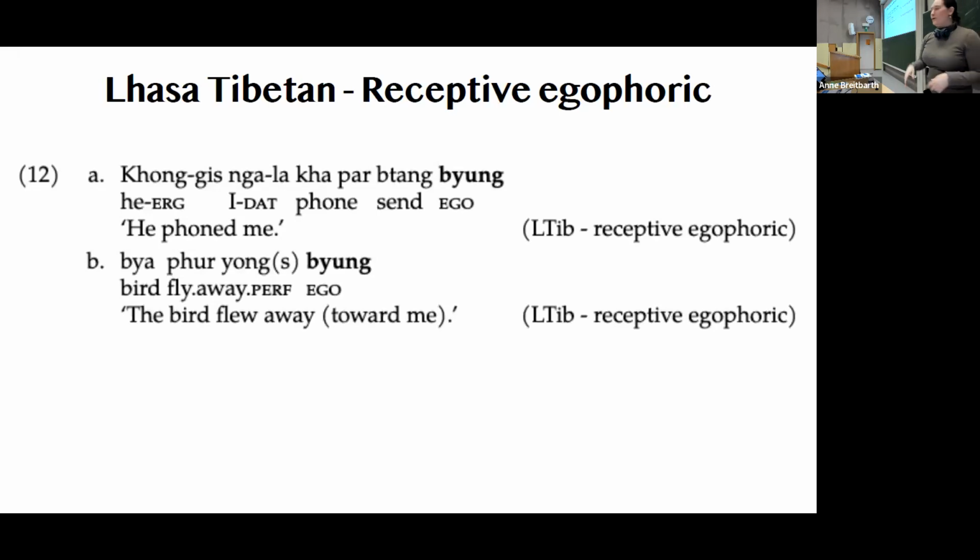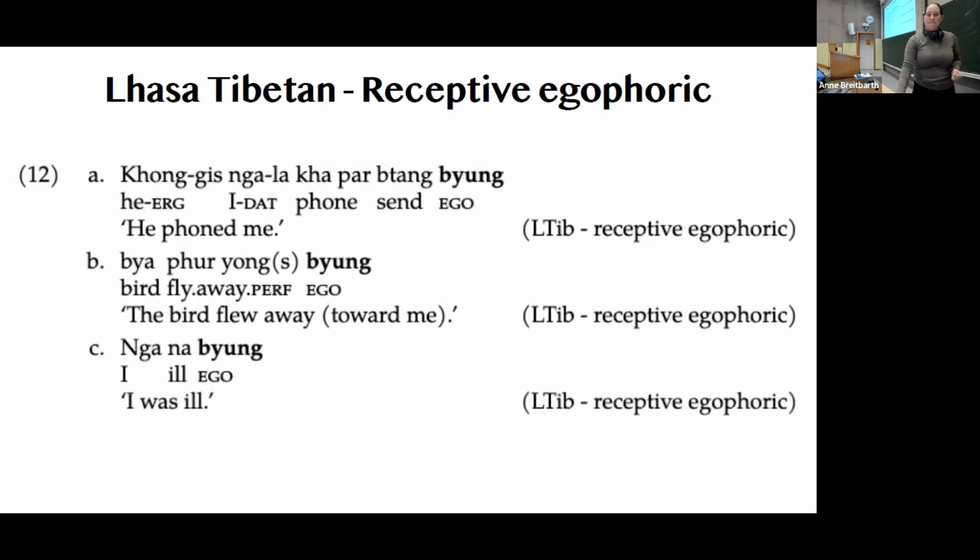And you can also say this when you have a sentence like, "this bird flew away", but if it flew towards me, then you can still use this same jung marker. You can also say it if you're ill. And this is because it's sort of like the illness has fallen on me. I'm experiencing the illness. So this is called a receptive egophoric marker.